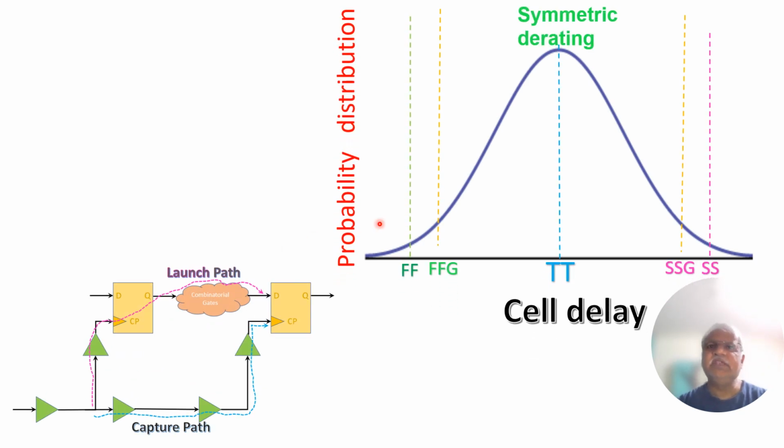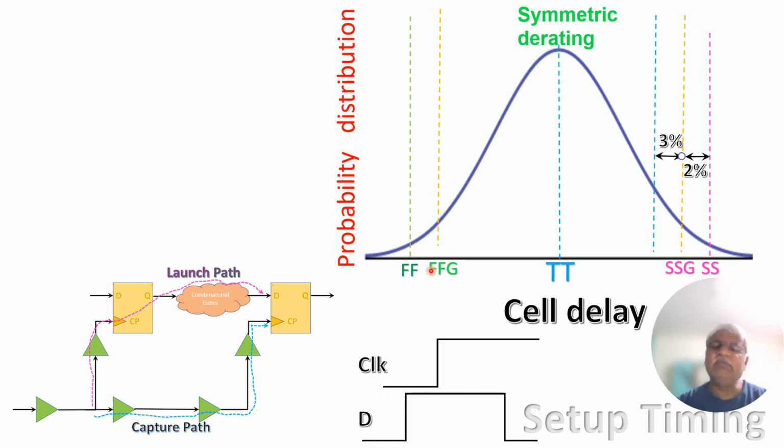In symmetrical derating, we will figure out how the FFG, which represents the local variation at the fast corner, and SSG, which represents the local variation at the slow corner, will help in easing out the STA analysis and will help in reducing the area and the power of the SoC design.